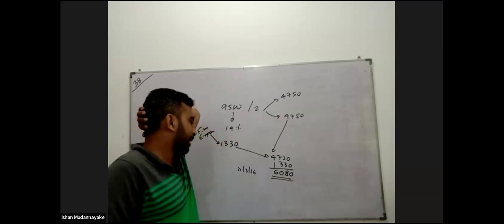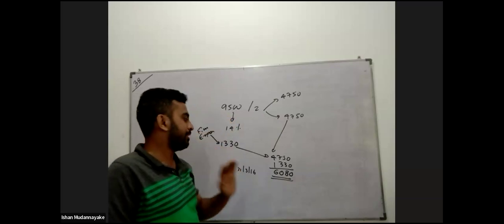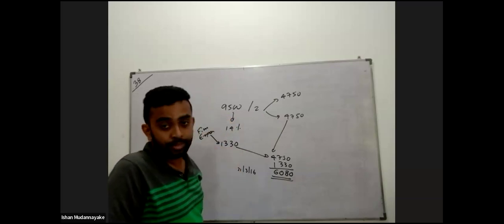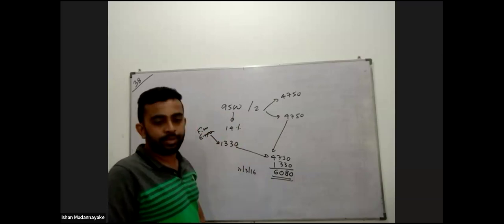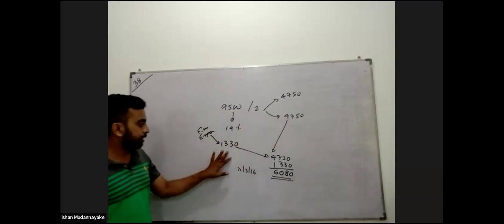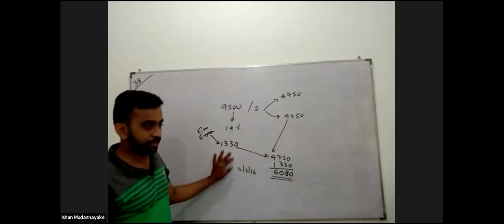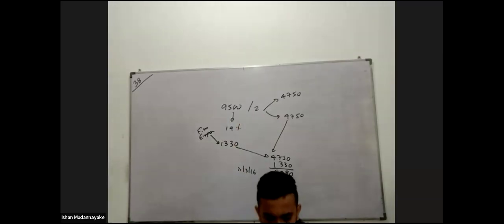The business paid this amount on 10th April. That installment, including interest, is a current liability of 6,080. Now this 1,330 is a financial expense. Quickly take that out first.